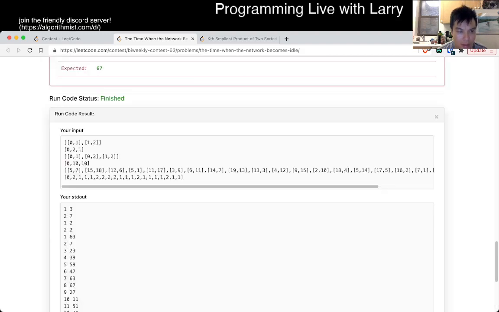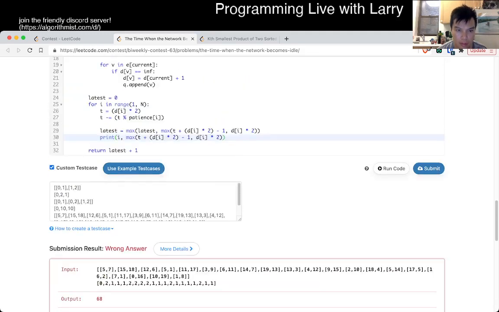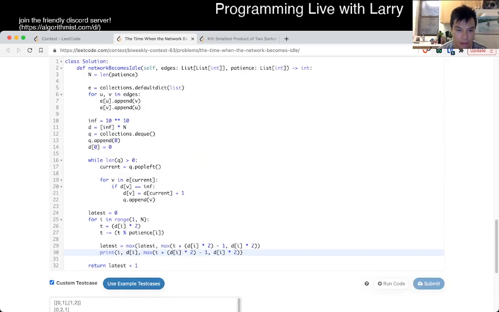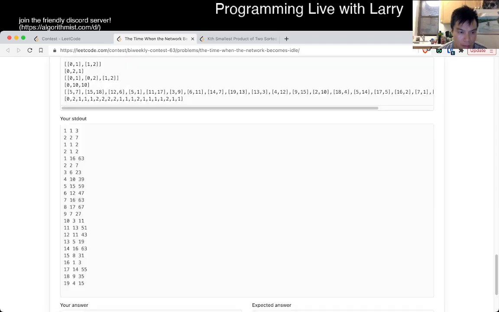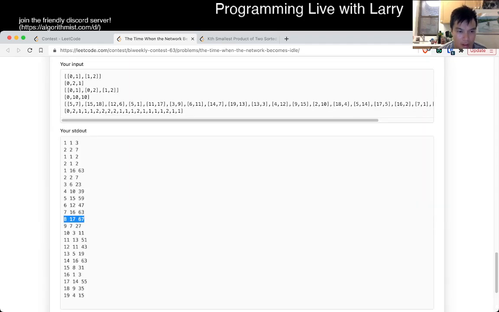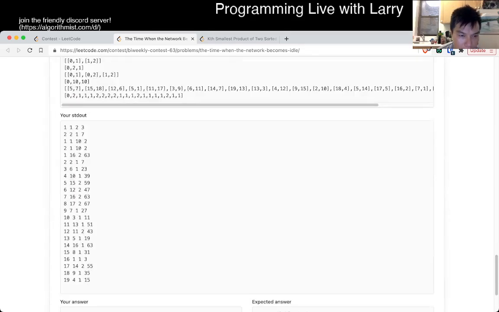Expected is 67. Why? So 8. My first search should be right? That'd be funny if it's not. Okay, so this is 17. The distance is 17, and the patience is 2.